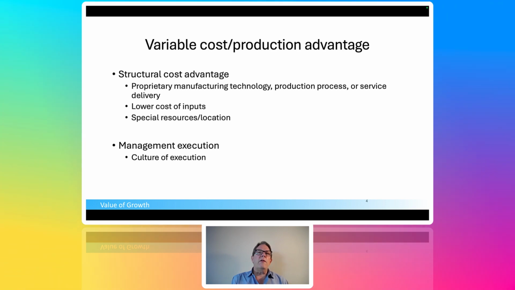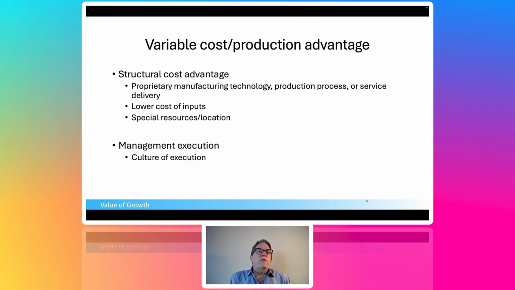Now, it comes from a structural cost advantage. And there really are three potential sources of that advantage, that lower cost. Proprietary manufacturing technology or a production process or some sort of service delivery. The company has developed a special way to manufacture a product or deliver a service that allows them to deliver that product or service at a lower cost than the industry average.